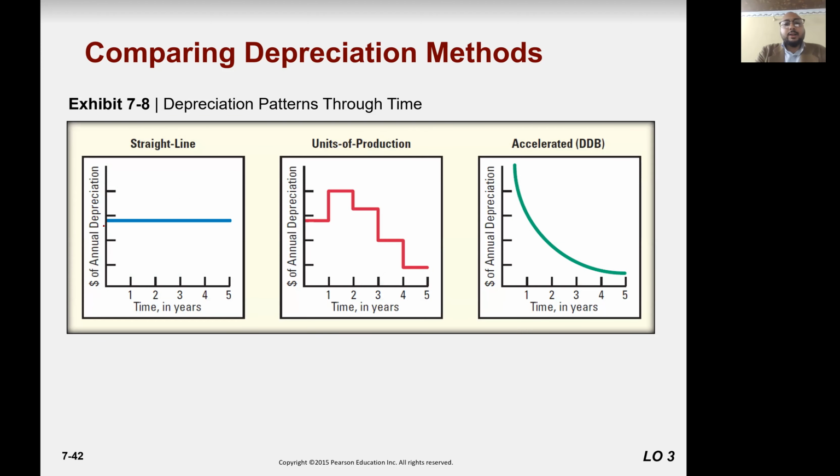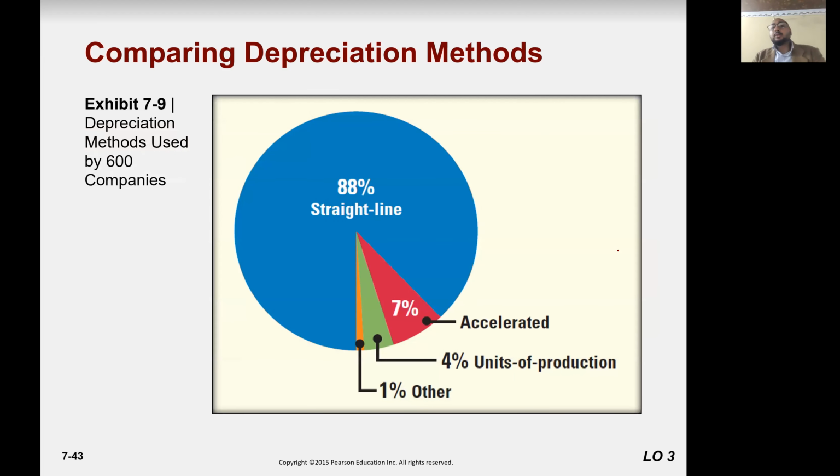So you see, straight line generates even depreciation, unit of production depreciates according to use, and accelerated generates the highest depreciation in early years and then the lowest later on. If we compare methods by usage, how many companies use the straight line method?